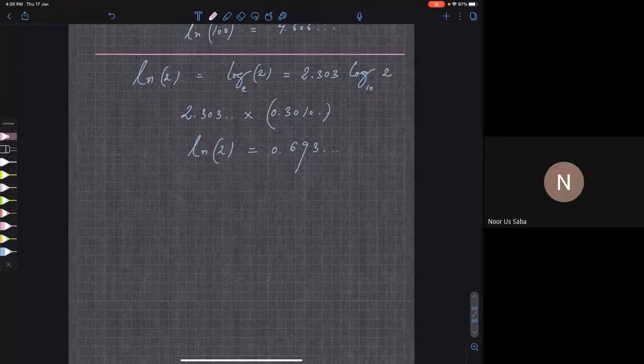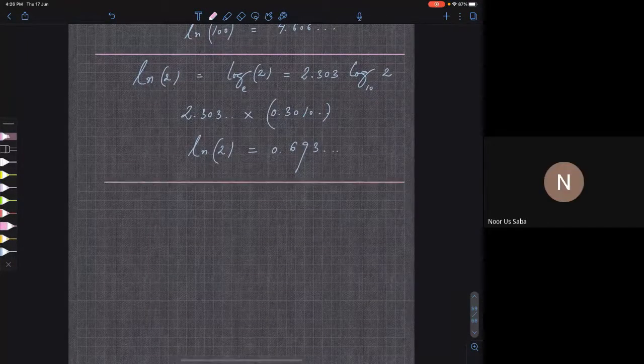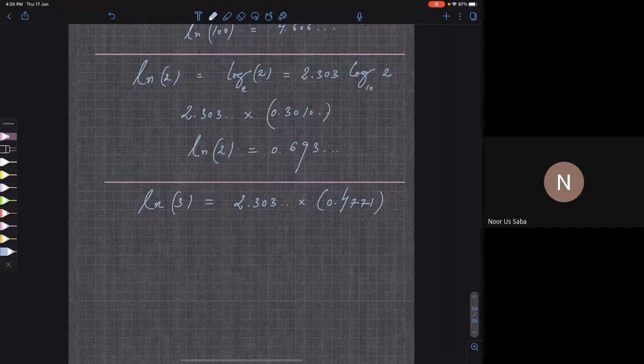Next question. What is natural log of 3 equal to? It is 2.303 times 0.4771. Do you agree? Yes.